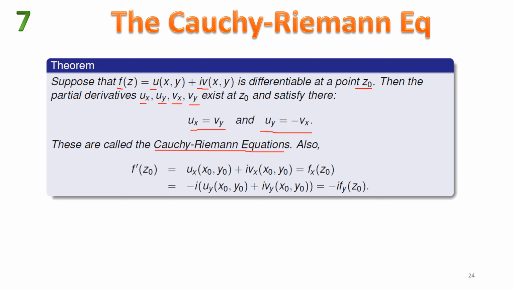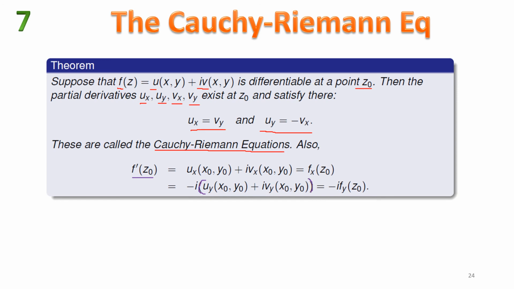Moreover, it is worthwhile saying that the derivative of the function at the z0 point, ux at x0 y0 plus i times vx at x0 y0, is equal to f prime of z0, and this is equal to minus i times uy at x0 y0 plus i times vy at x0 y0.